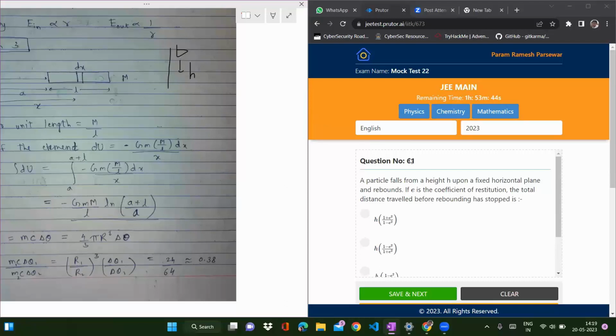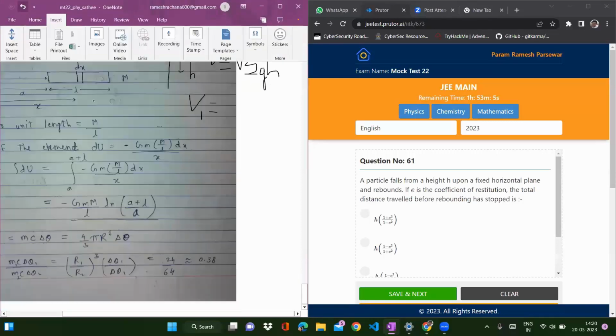We know that the velocity attained after falling from the height h, that v, will be under root of 2gh. If e is the coefficient of restitution, the velocity v1 with which it will rebound will be e times v.